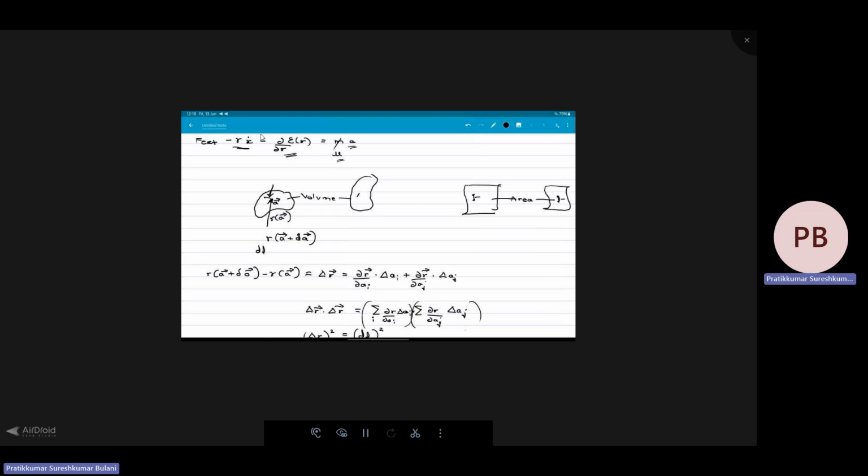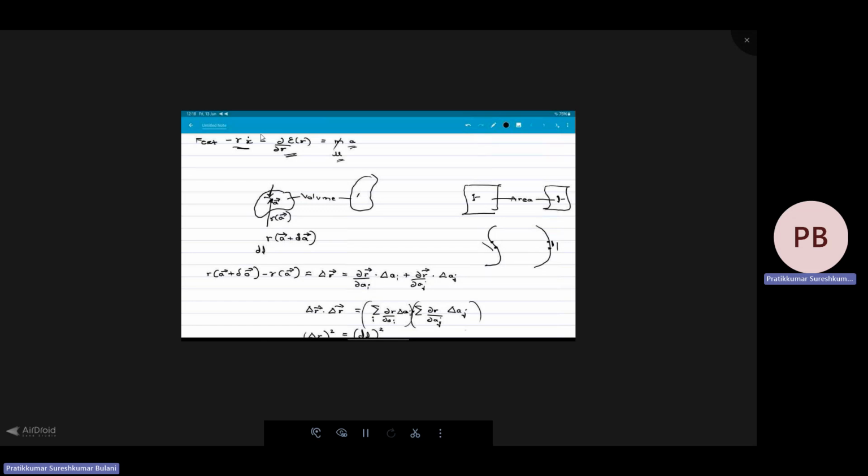What happened was the curvature got changed. You can think of something like this: there's some curvature like this and some curvature like this. The distance between both points is exactly the same at the differential level, but you can see the curvature is not the same. The slope is not the same.